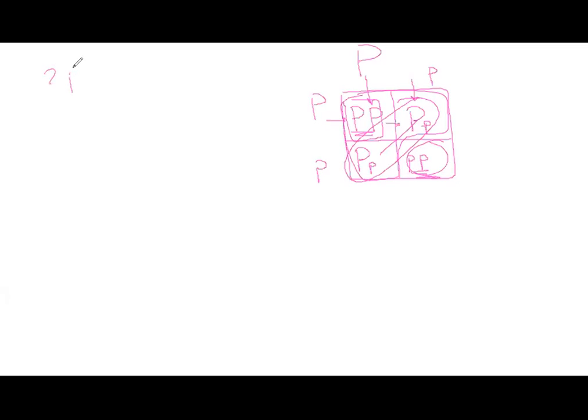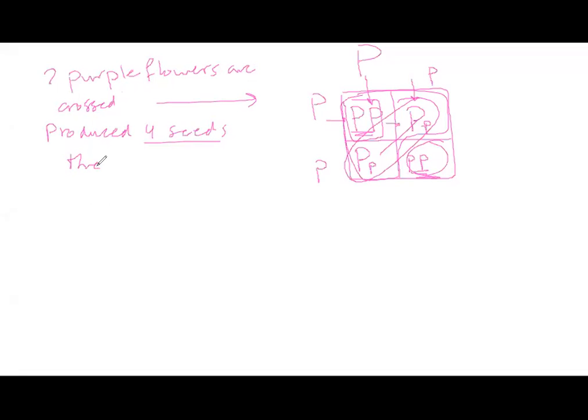We have 2 purple flowers that are crossed, like in the square, and they produced 4 seeds. Once these seeds grow into plants, the first three plants were purple.